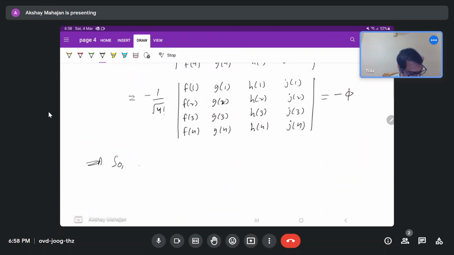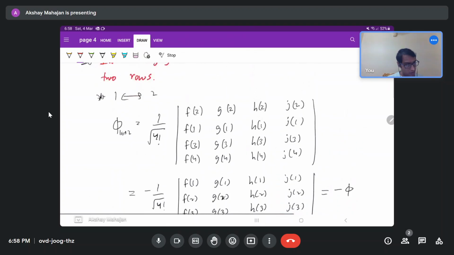So our wave function phi is antisymmetric.